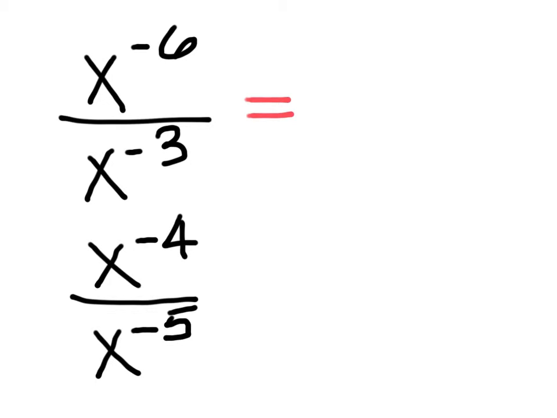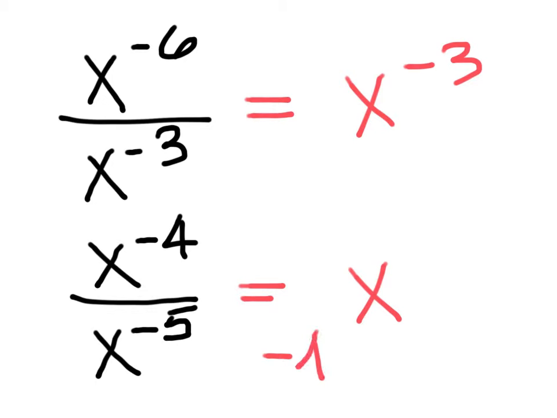Yeah. X to the negative 3rd is right. You would do negative 6 minus a negative 3. What about the bottom one, x to the negative 4th over x to the negative 5th? Karshner. It would just be x, that's right, because you have negative 4 minus a negative 5. And those change to plus, so negative 4 plus 5 is 1, x to the first.